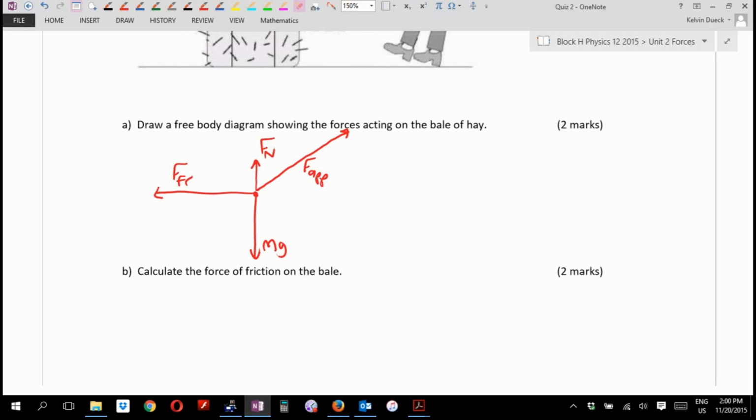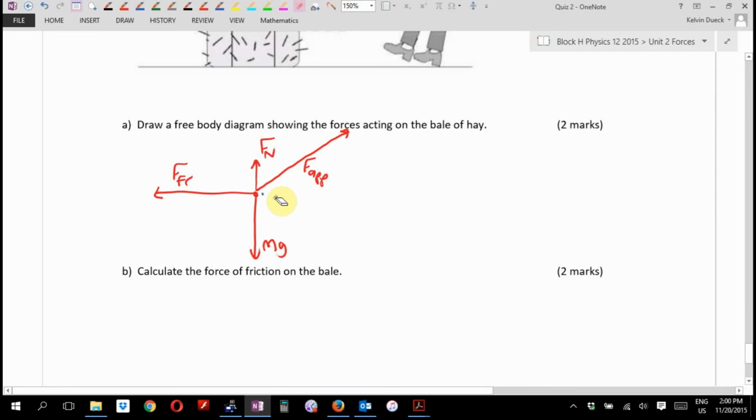Now, if you did this, I would take a half mark off. If you did it with dotted lines, I'm okay with that, because a dotted line says that's a component. It's not actually on the diagram. If you did this, then that I'd be okay with.